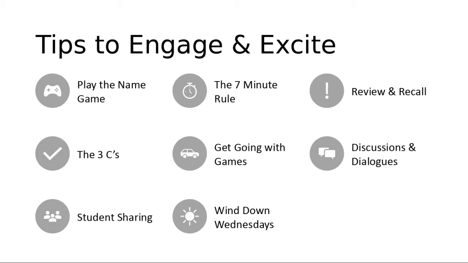So the first tip and the first strategy that I use is play the name game. Let me tell you, this is so important, and you all may already be doing this, but I get to know my students' names off the bat. I tell them that by 1 month into this class, I'm going to know every single person's name.